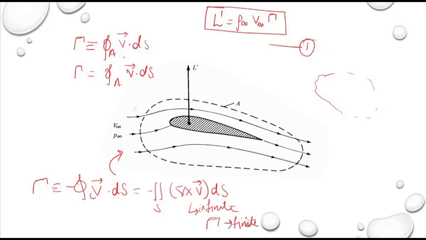circulation. Now, if I say that my flow is an incompressible potential flow, then it is a much easier task to determine circulation around the body rather than calculating the detailed surface pressure distribution, which is known as the circulation theory of lift.